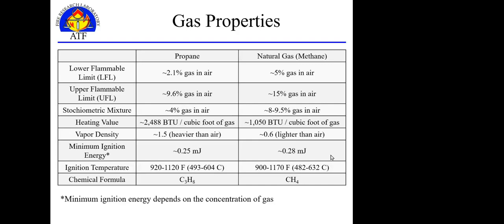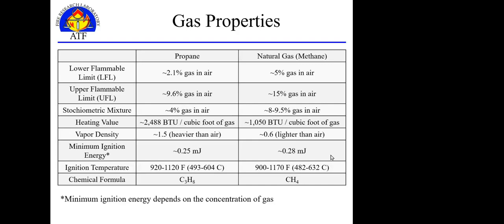The stoichiometric mixture, which is basically that perfect mixture where all the gas and air are consumed in the reaction, is around 4%. The heating value of propane is just shy of 2,500 BTUs per cubic foot of gas, which is almost 2.5 times the heating capability of natural gas. Propane's heavier than air, and it's got a minimum ignition energy of just about 1/4 of a millijoule.